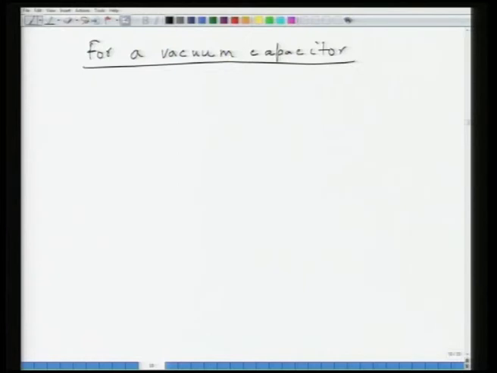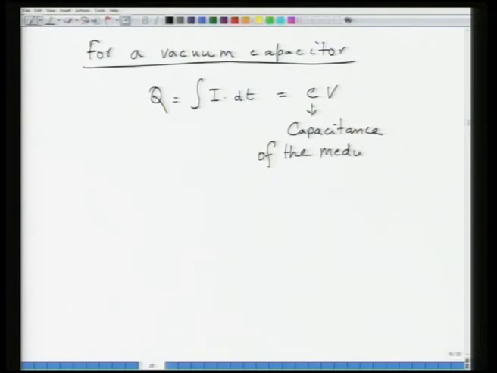how do you write the charge? Charge inside the vacuum capacitor is nothing but integral of I dot dt, which is nothing but CV, where C is nothing but your capacitance of the medium.